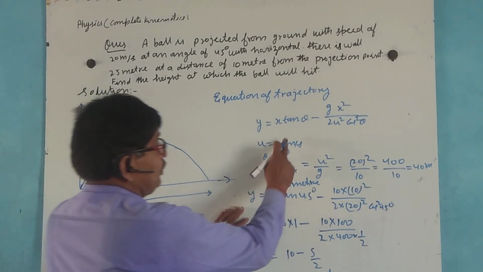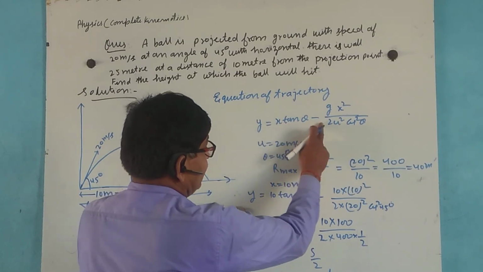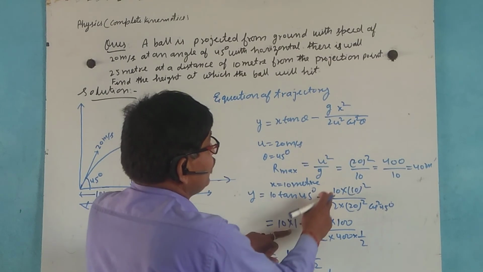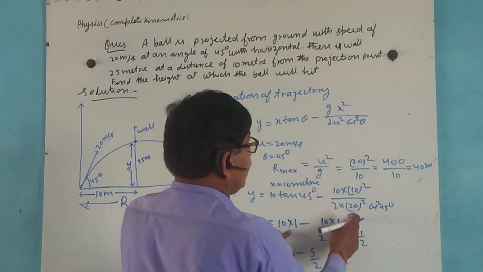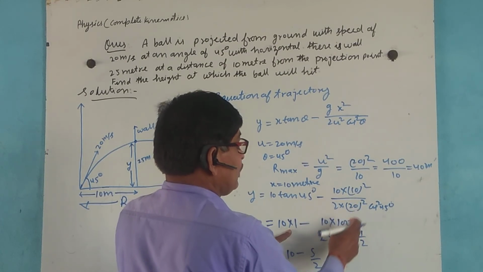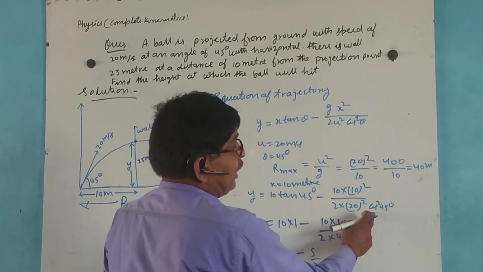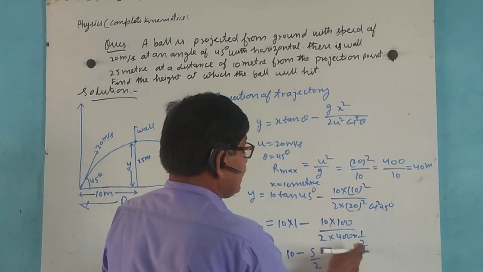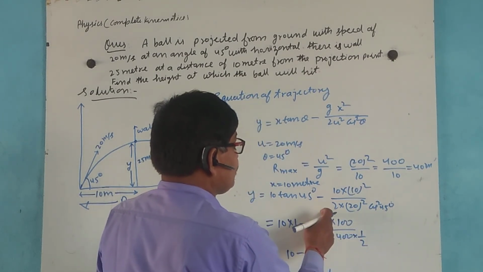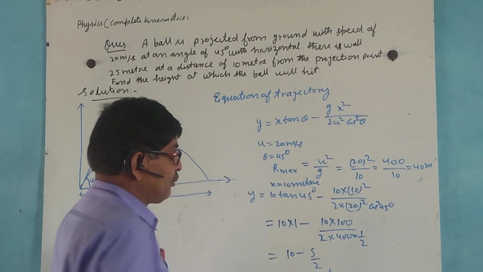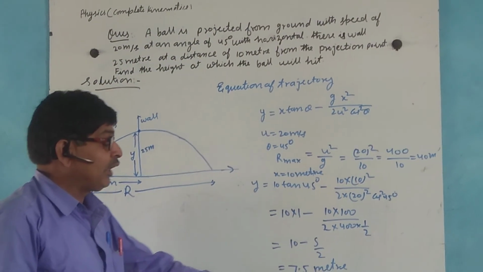We have to put in the value: x is equal to 10, tan 45 degrees is equal to 1, minus 10 times 100 over 2 into 20 into 20, which is 400. Cos 45 is 1 by under root 2, squared, so the 2 cancels, giving 10 minus 25 by 10... so 10 minus 5 by 2, that is 7.5 meter.